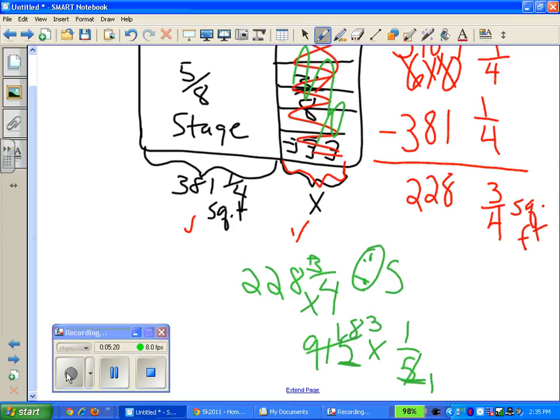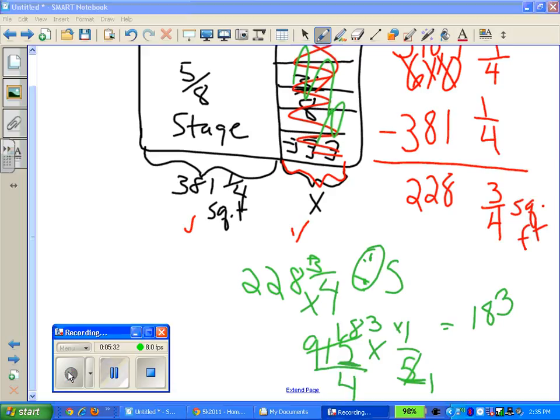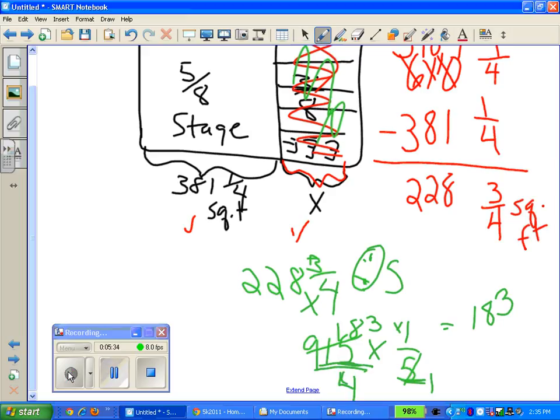Good, 183. And 183 times 1 is? 183. Good. And then 183, I've forgotten to put my denominator here. There we go. 915 over 4. Now 183 and 4 times 1 is? 4. Good. Now we have to divide.